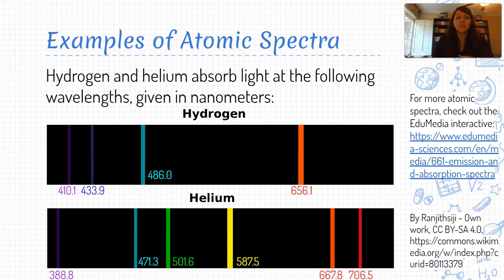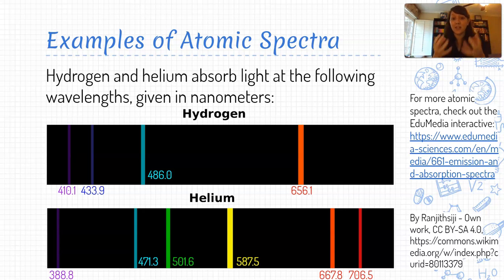Now this represents the spectrum of hydrogen, which basically means that if you were to shoot white light of all these different wavelengths at hydrogen, these specific wavelengths, 410.1 nanometers, 433.9 nanometers, and so on and so forth, wouldn't make it out the other side, because those are the amounts of energy that hydrogen can use to bump its electrons up to the next energy level.